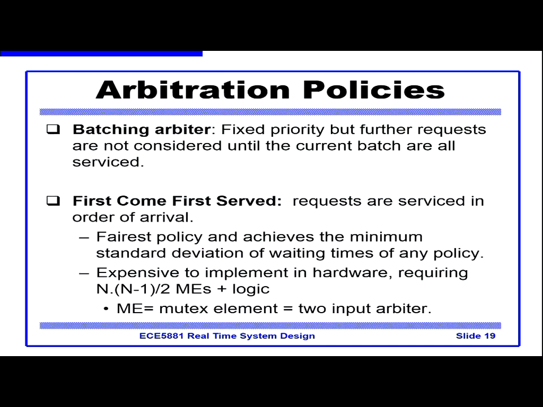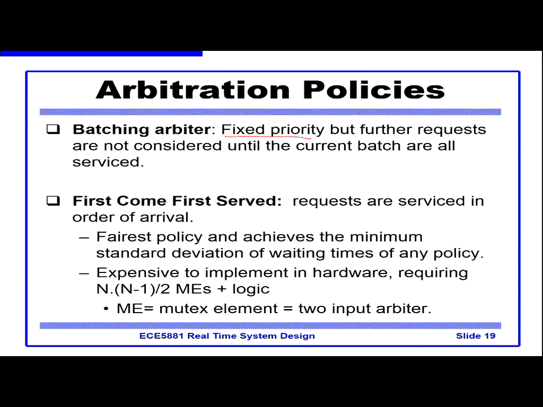Another approach is you collect together all pending requests. When the resource becomes free, you then fix that set of requests. We call that a batch. So you might have, say, several requests waiting to access the resource. You then service those requests to exhaustion without considering any further requests, and you do that in a fixed priority sense.